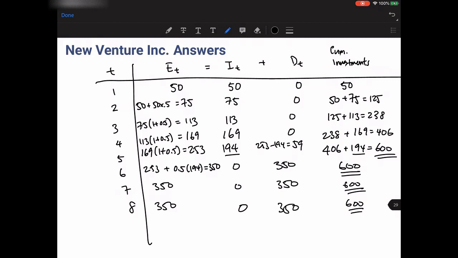Just to remind you, the model that we are using here is EPS T plus 1 equal to EPS T plus investments T times ROI.